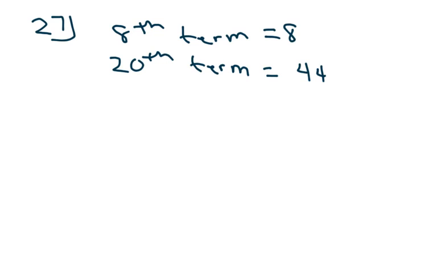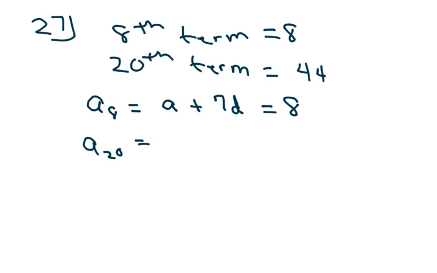So what I'm going to set up is two equations. I'm going to set up a sub 8 equals a plus 7d, and we know this equals what? 8. And a sub 20 equals your first term plus 19d equals 44.